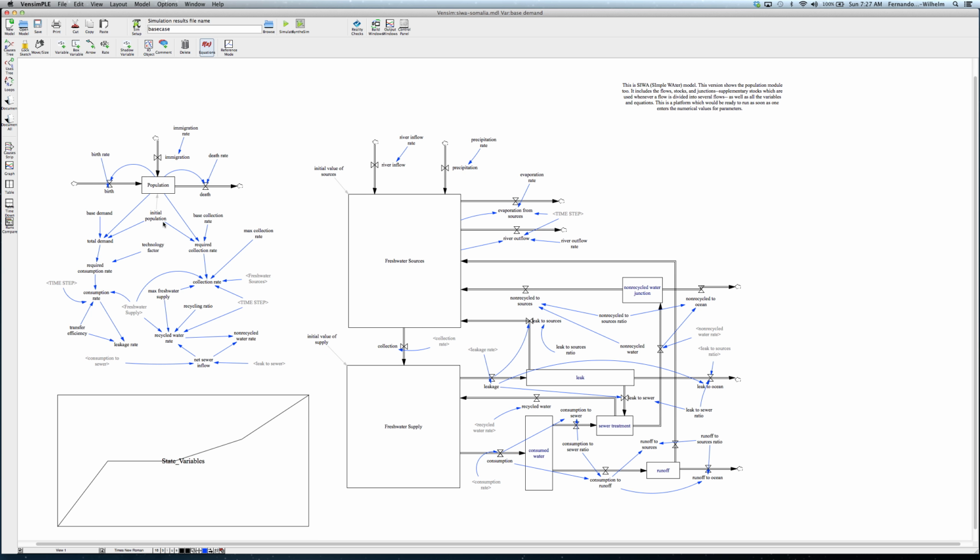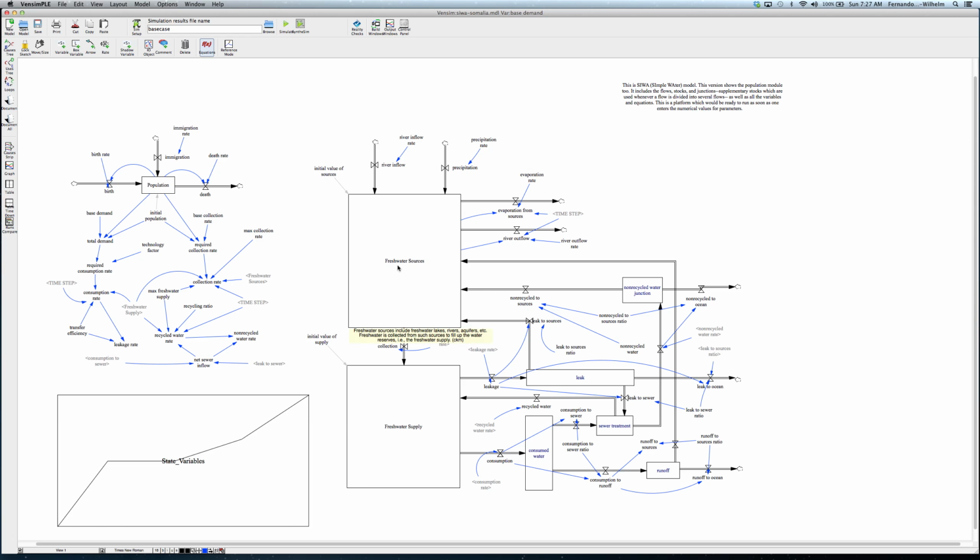The population also drives the collection rate. That's the collection rate that is in the system for treating water after it's used. I think the other parameters are going to be pretty much defined on this side, so I'm going to skip them here. Let me go to the water side.